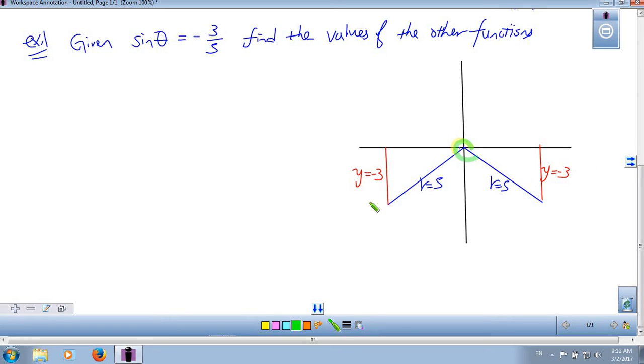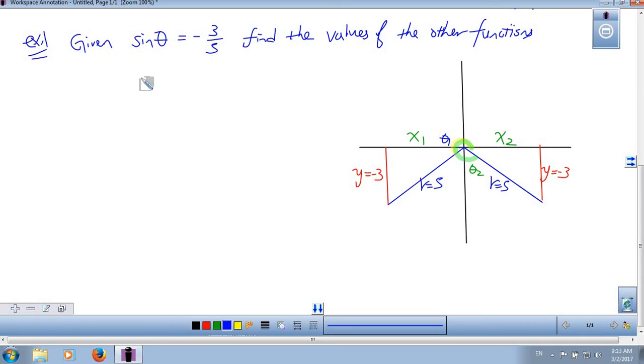Both of those angles have the same sine values, but you can see their x values are different. Let's call the angle in the third quadrant theta 1, and the one in the fourth quadrant theta 2. Here x1 is negative and x2 should be positive, so we have to solve for that.